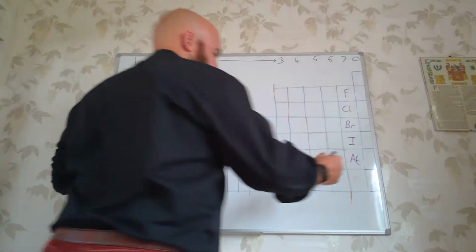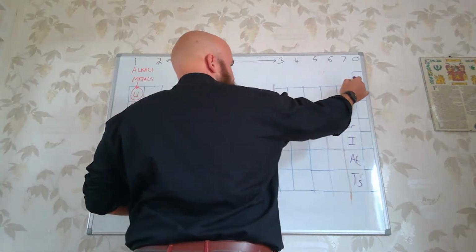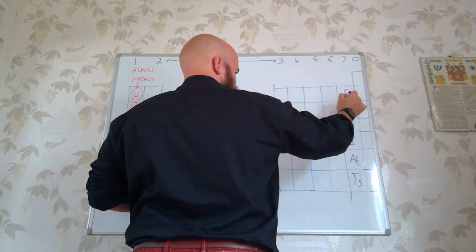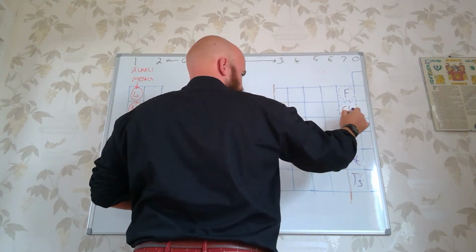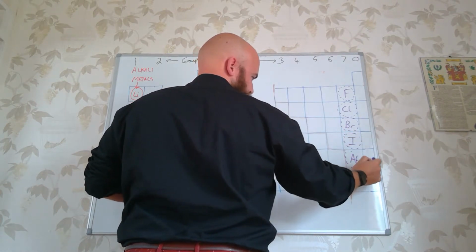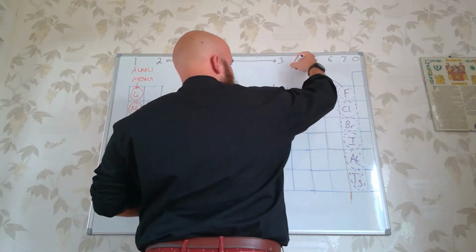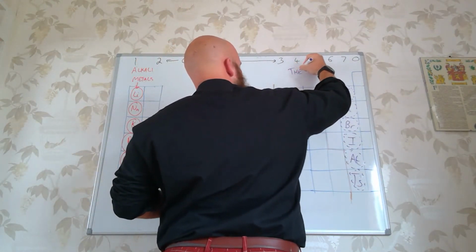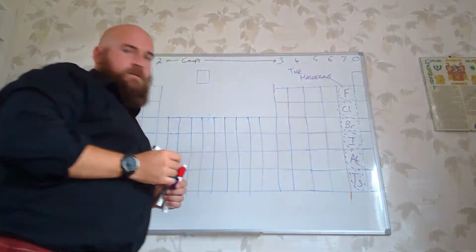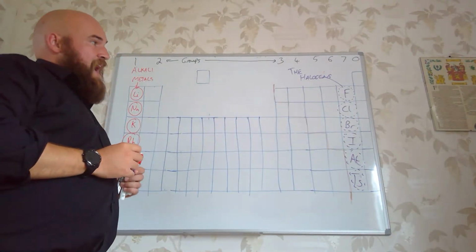So that's TS. Okay, so that's another group we're going to be looking at. If you've got a different colour, great. If not, just do it in a different shade or different pattern. So I'll do a dashed line around each one. And these are called the halogens. So group 7 is called the halogens.